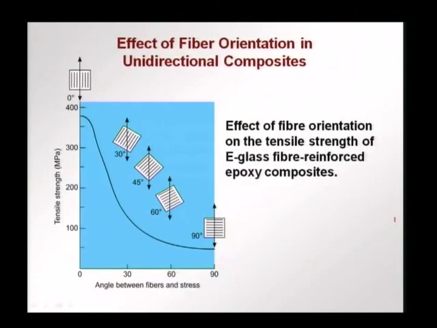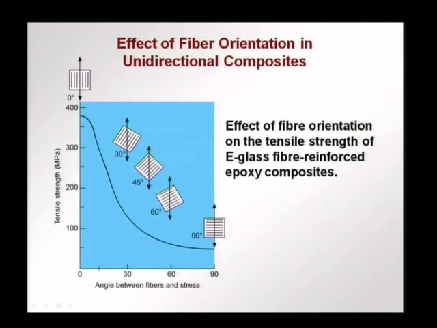Now we saw that there is a difference in properties in the longitudinal direction along the axis of the fibers, and we had much less stiffness perpendicular to it, and this figure gives you an indication what really is happening, though it is obvious.